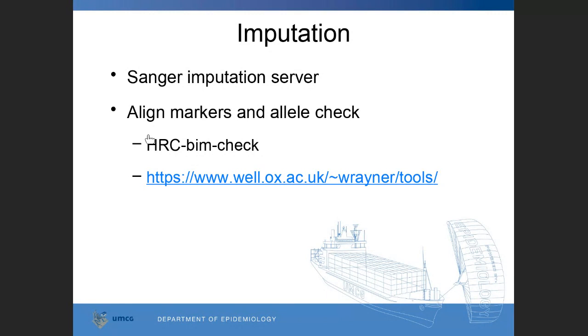Without this check, the Sanger imputation server will give some errors and say, okay, your SNPs are not aligned correctly. I see, for instance, a C and a T, but in my data, what Sanger expects to have is A and a G.